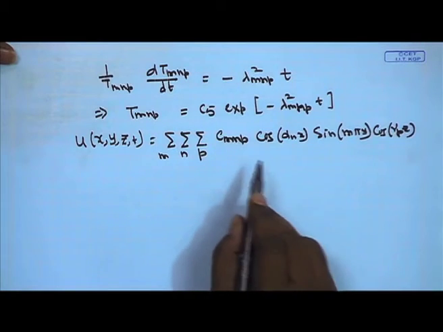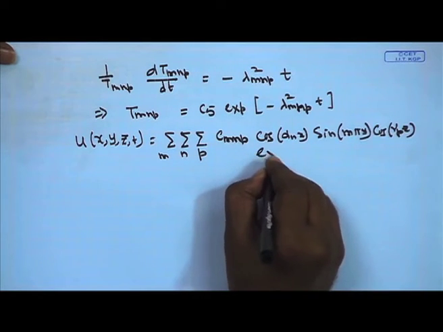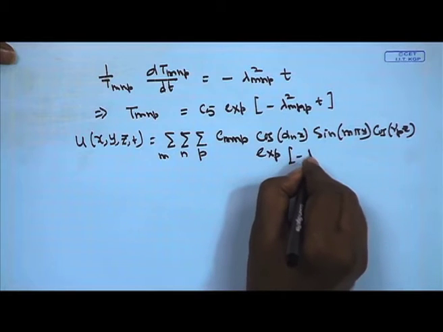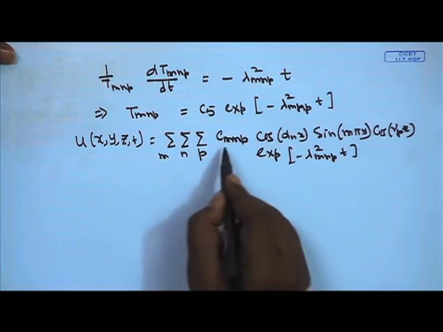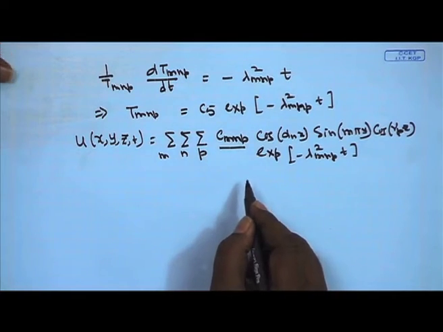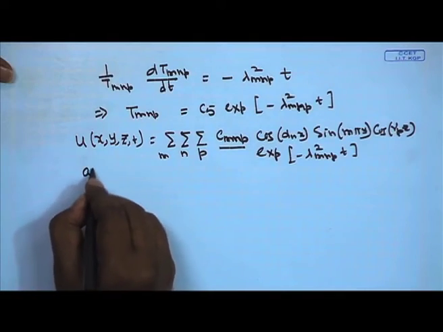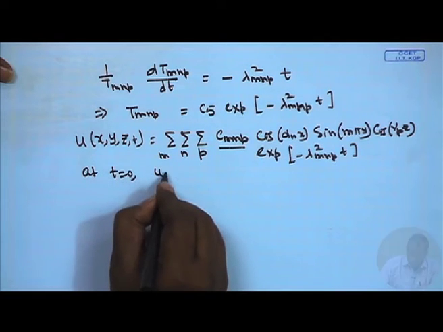This is multiplied by the exponential time varying part, minus lambda m n p square times t. We will evaluate C m n p by using the initial condition: at t equal to 0, u was equal to u naught.